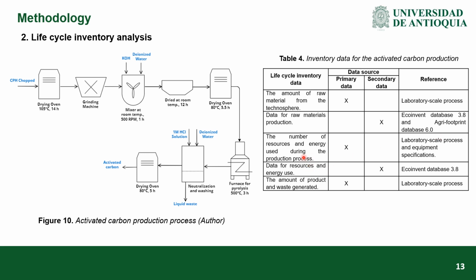The amount of resources and energy used for the process were primary data taken from the laboratory scale process and equipment specification. The data for resources and energy were secondary data taken from the equipment database, and the amount of product and waste generated, which correspond to activated carbon and liquid waste, were primary data taken from the laboratory scale process.